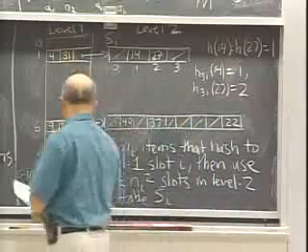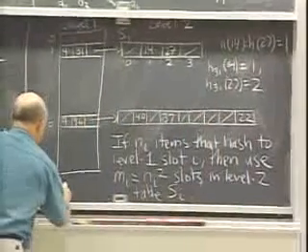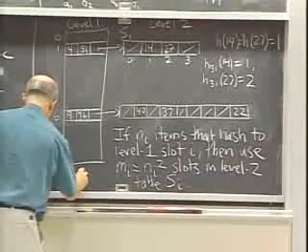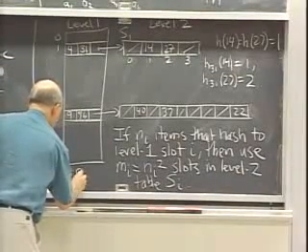I should have mentioned, this is going to be m sub i, the size of the hash table, and this is going to be my a sub i, essentially.